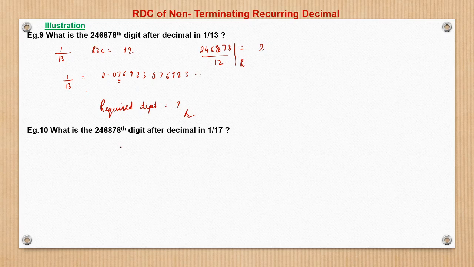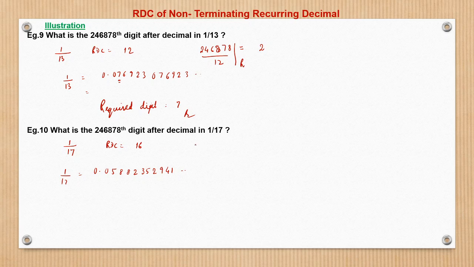Now another similar problem: 1 by 17. Here we know the maximum RDC could be 16. We expand 1 by 17 and get 0.05882352941, and so on.